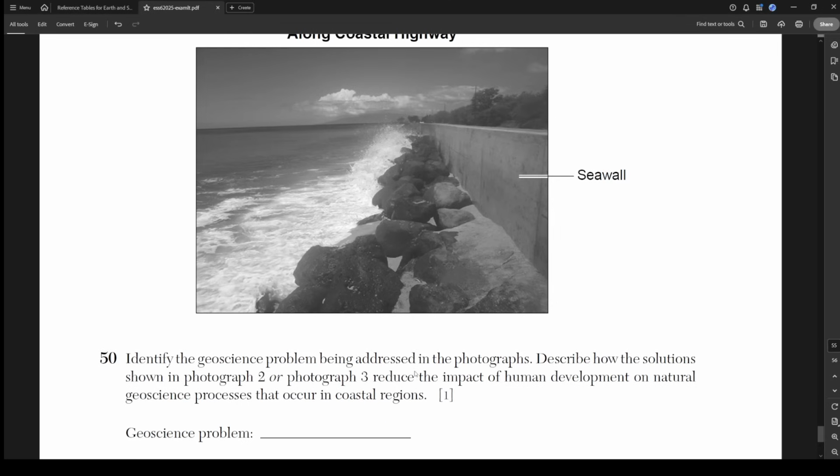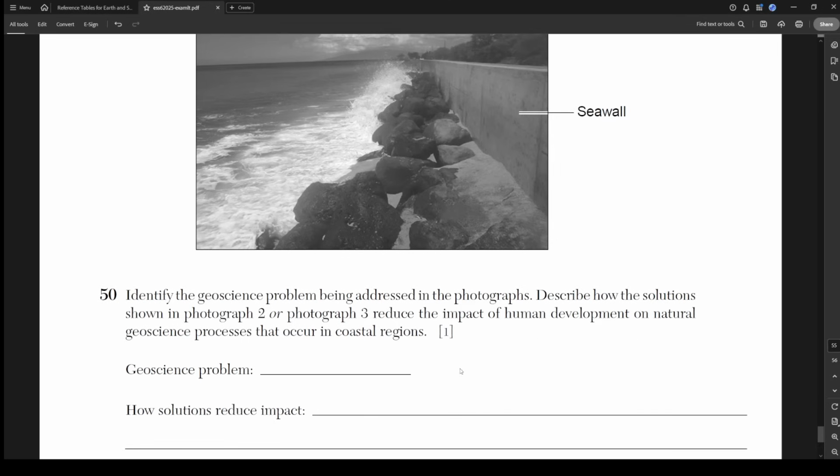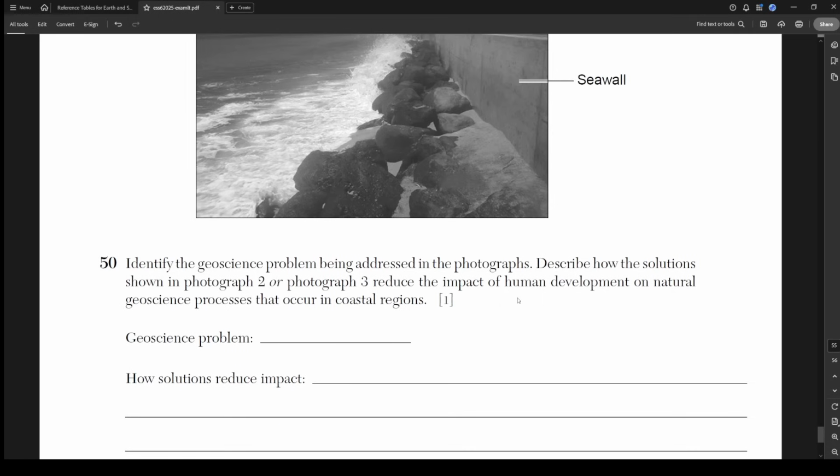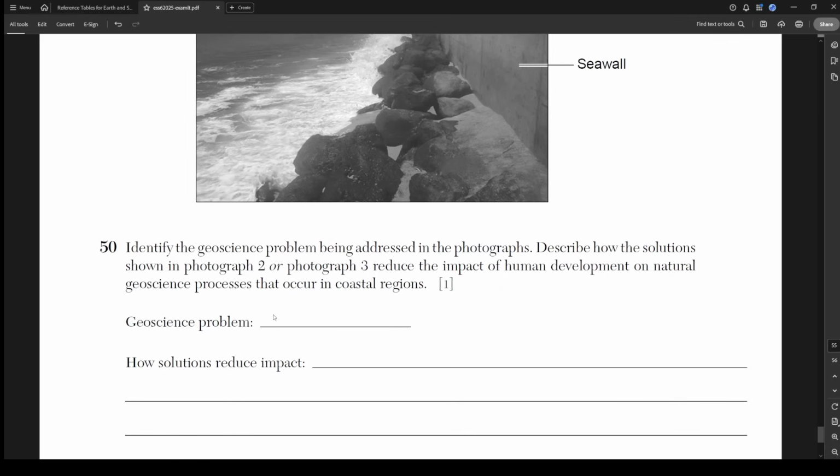Identify the problem being addressed in the photographs. It's erosion. Describe how the solutions shown in 2 or 3 reduce the impact of human development on natural geoscience processes that occur in coastal regions. Okay, the problem is erosion. How solutions reduce impact.